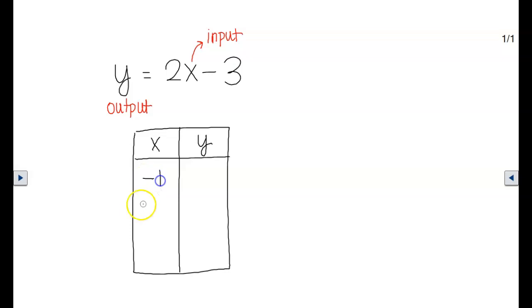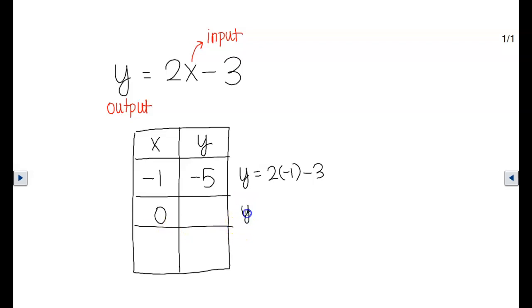So if I were to choose -1 as an input value for x, I would plug that in here and get y equals 2 times -1 minus 3, which would be -2 minus 3, which would be -5. So in this function, -1 and -5 are connected. I could use 0 as an input value for x, which would give me y equals 2 times 0 minus 3, which would be 0 minus 3, which would be -3. So for this function, 0 and -3 are connected.